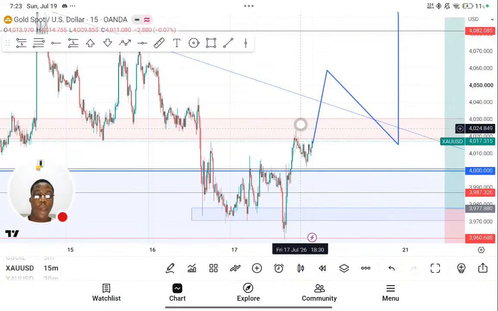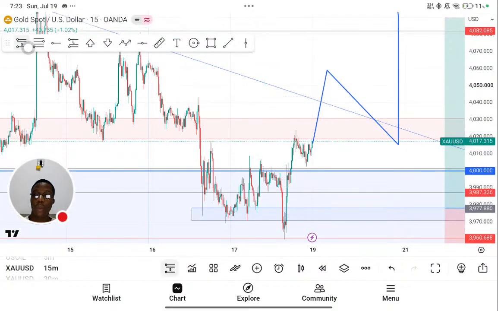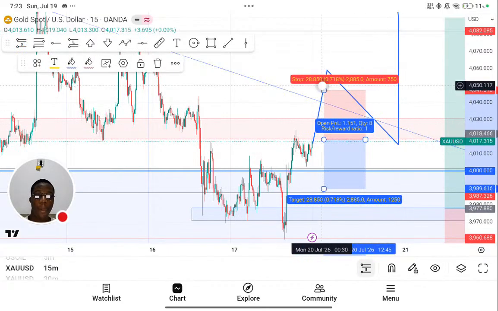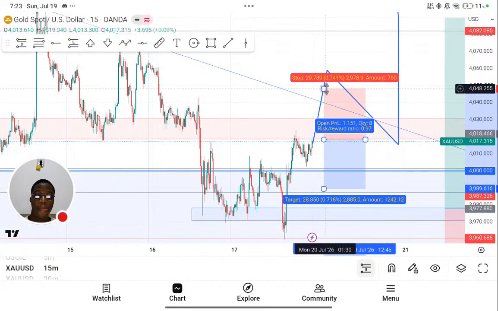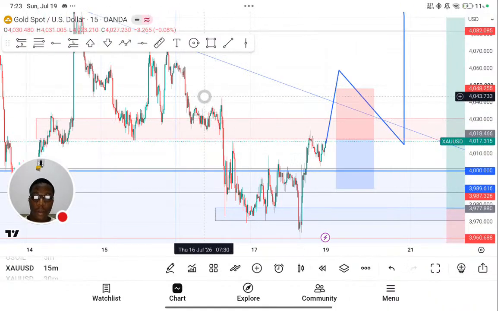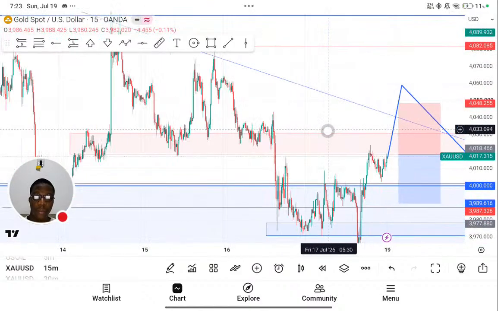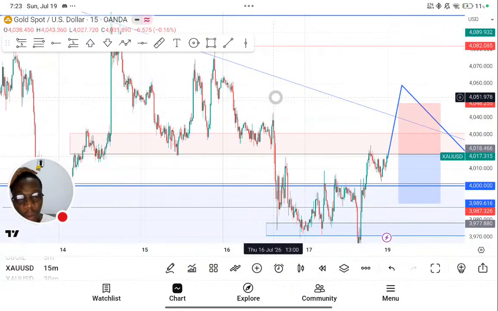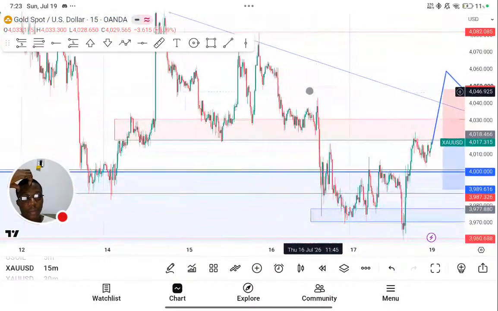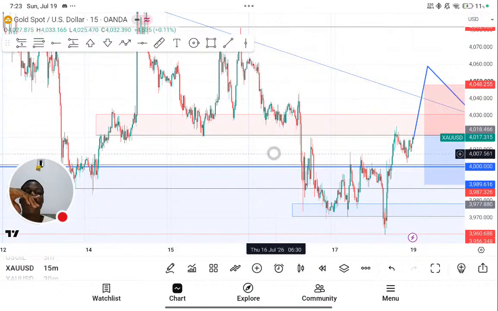So from here we are bearish on XAUSD. But in the case this high gets taken out, there's a whole lot of liquidity here too.